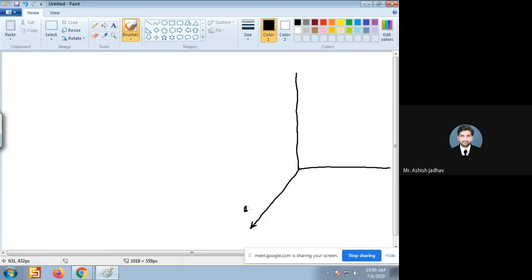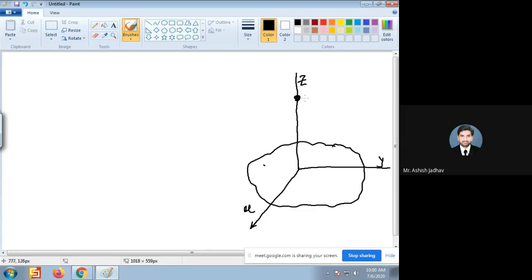So this is the x-axis, this is y, and this is z. Let us assume the surface is placed on the xy plane, on which the charge is uniformly distributed. Because of this surface, we want the electric field intensity at a point, which we assume is on the z-axis somewhere here.